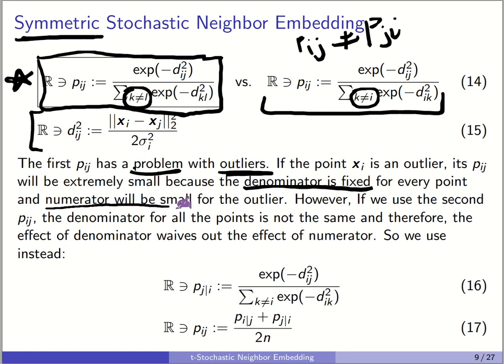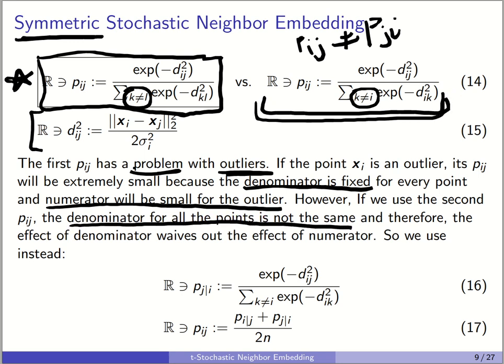The numerator will be small for an outlier. If we have an outlier, it is far away from other points. Therefore, this Dij becomes huge, and exponential of minus Dij becomes very small. However, if we use the second Pij, this one, then the denominator for all points is not the same. Therefore, the problem of outliers is cancelled out.